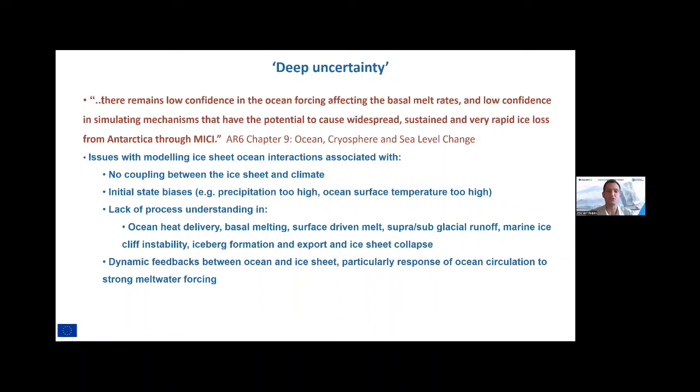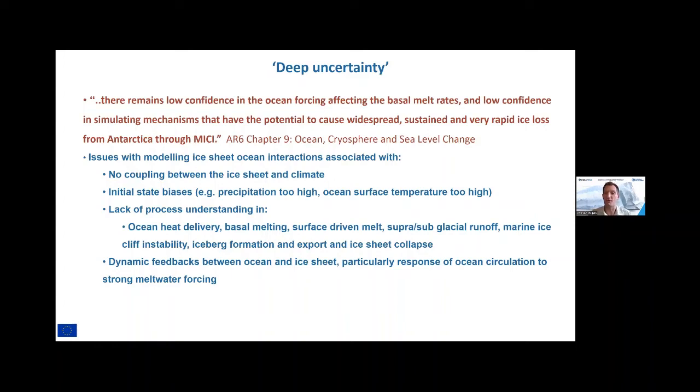There's a lot of initial state biases. So, for example, precipitation over Antarctica, and particularly the ocean sea surface temperature, is often too high. So if you do couple your ice sheet, suddenly it responds in an unphysical way because the boundary conditions are not accurate. And there's a real lack of process understanding in how the ocean delivers heat to the ice sheet, how that is actually affected as basal melting underneath floating ice shelves.